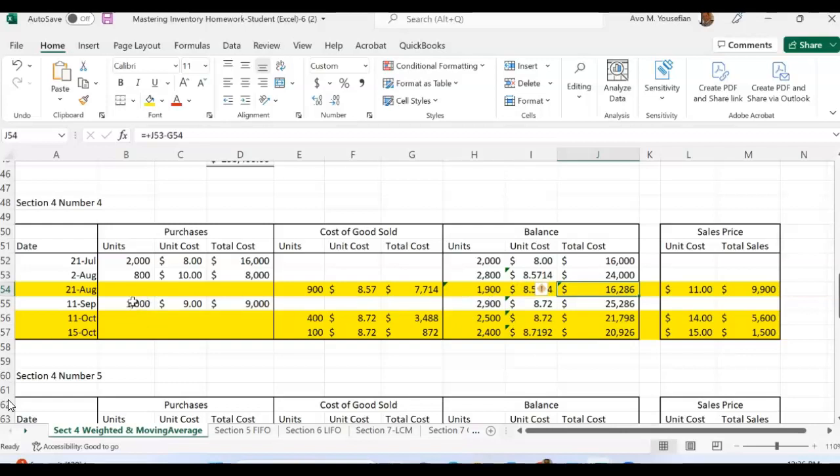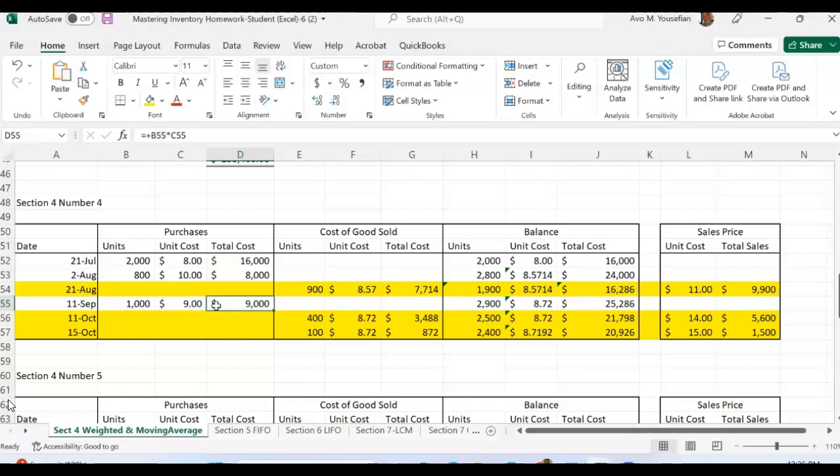In September, we purchased another layer, 1,000 units at a different price, $9. And that gives us $9,000 based on this formula, which is 1,000 times 9. So 9,000 is added. That 9,000 will be added in here.